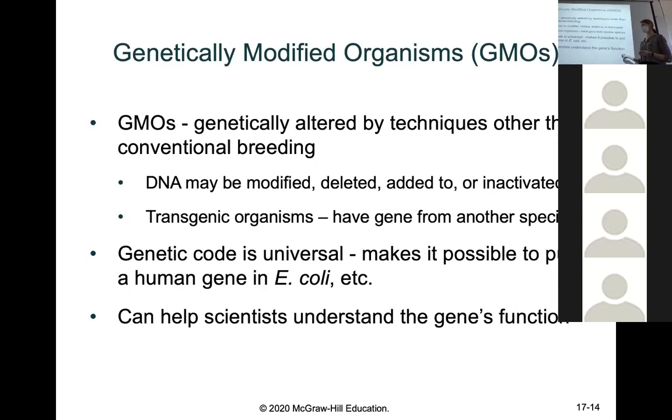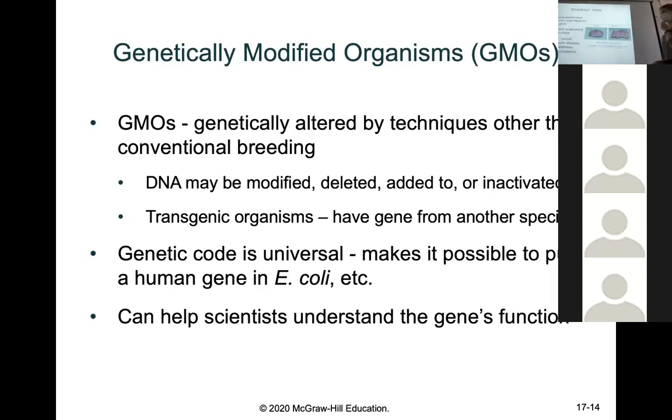It can help scientists understand genes' functions by creating these GMOs. They also have really important applications, especially, and I know we don't think about agriculture that much, but agriculturally, GMOs have made a huge impact on the agricultural landscape. We eat every day, so agriculture is important to everybody.